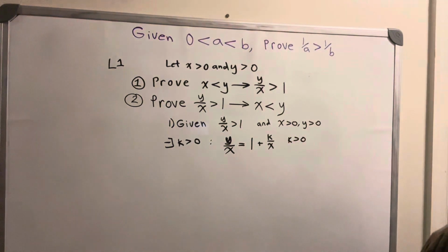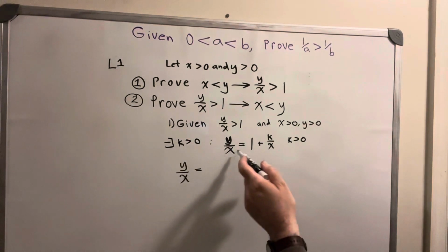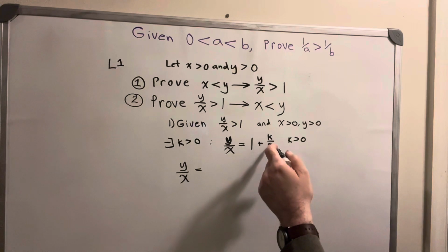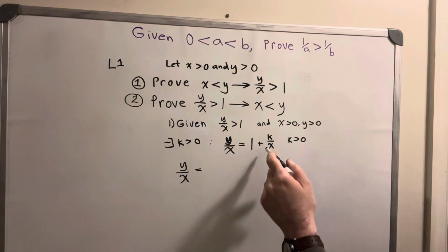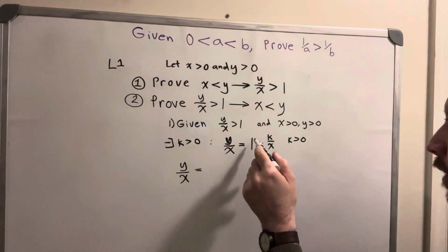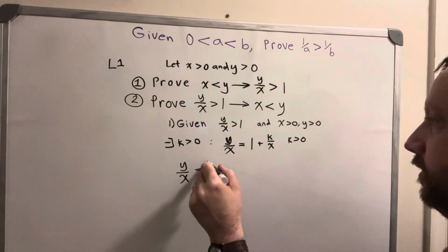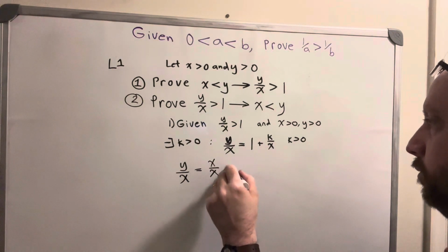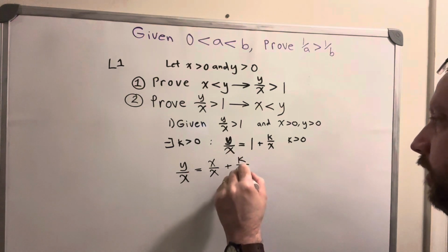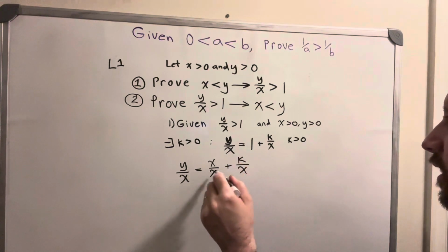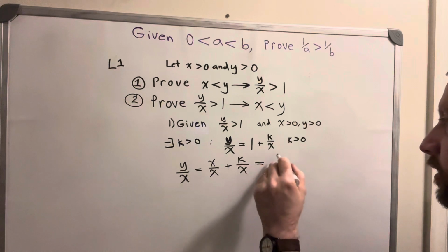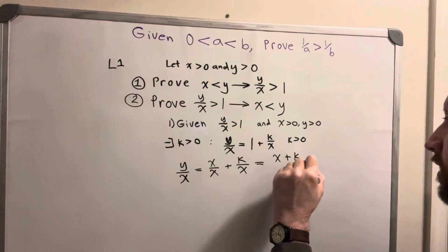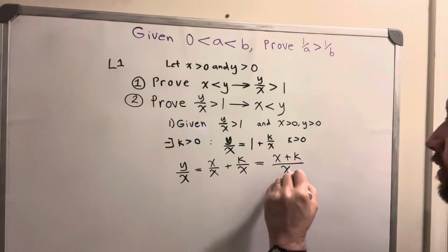Okay? And if this is so, if y over x is equal to 1 plus k over x for k greater than 0, then we can rewrite 1 plus k over x as x over x plus k over x. And we can combine this fraction to say that y over x is equal to x plus k over x.